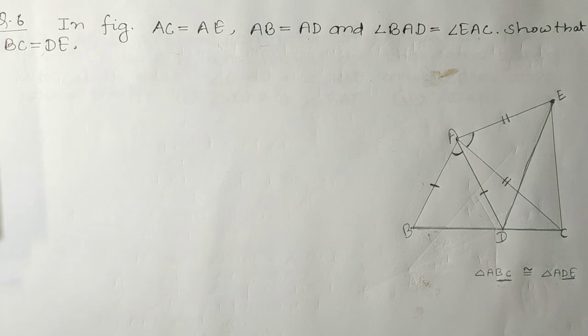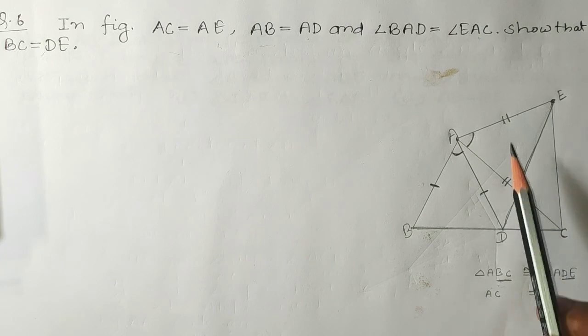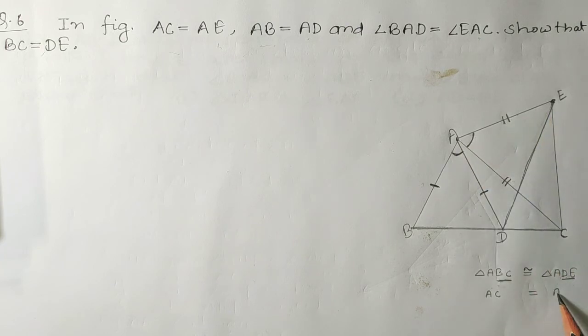See, two elements are here. Okay, means two elements are given that they are equal. The side AC of this triangle is given equal to AE of this triangle. So basically we are having one side as equal. Okay, and what else is given?